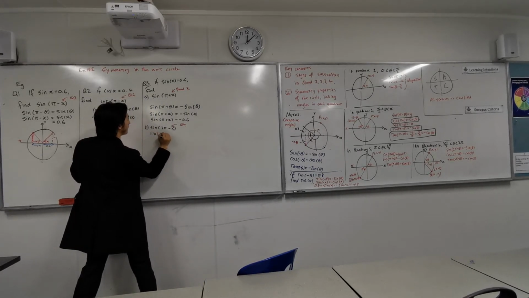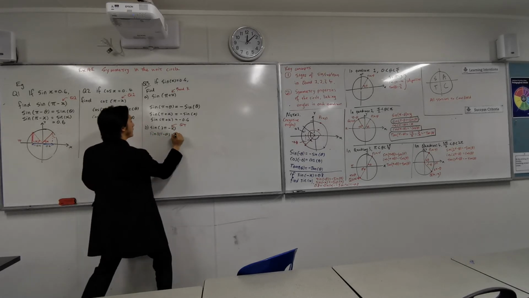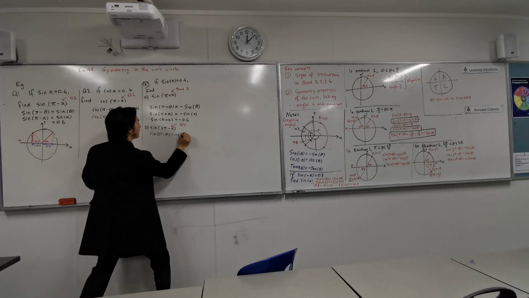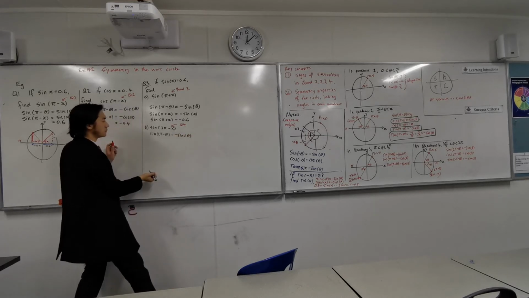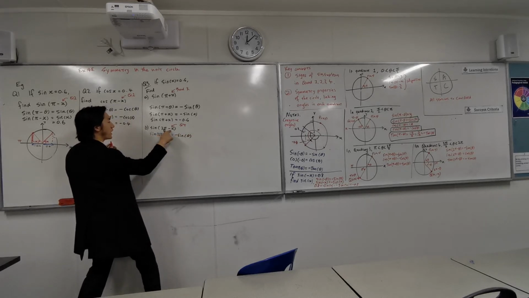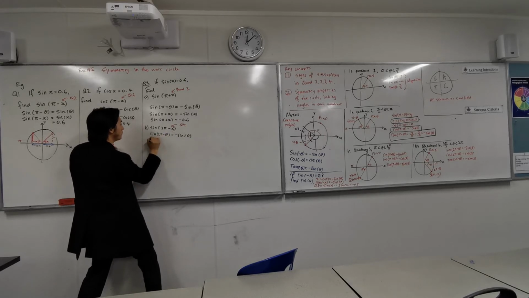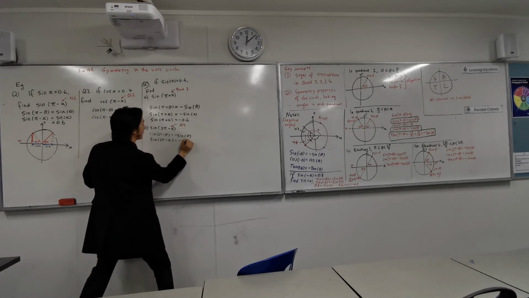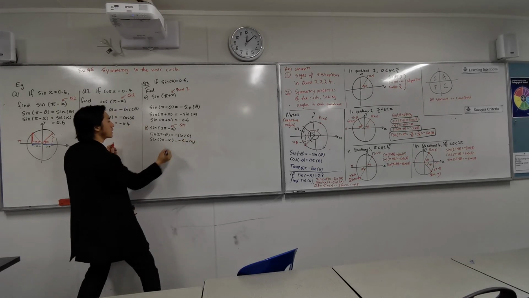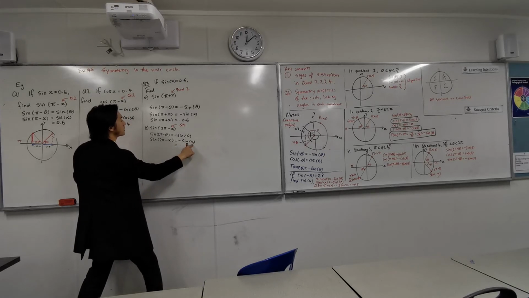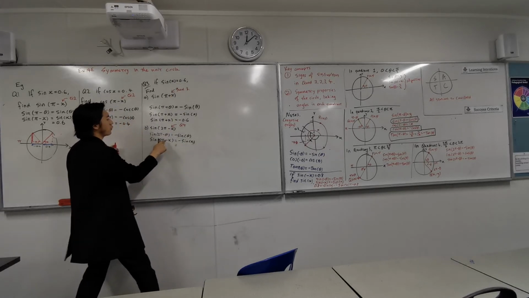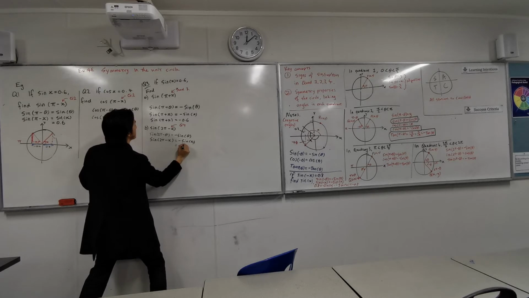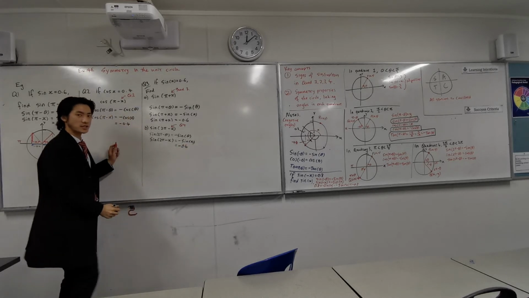Sine of 2 pi minus theta, that's our quadrant 4 angle, is equal to negative sine of theta. Applying it to our question for that specific x value, sine of 2 pi minus x is equal to negative sine of x. Sine of x is 0.6, therefore in quadrant 4, our sine becomes negative 0.6.